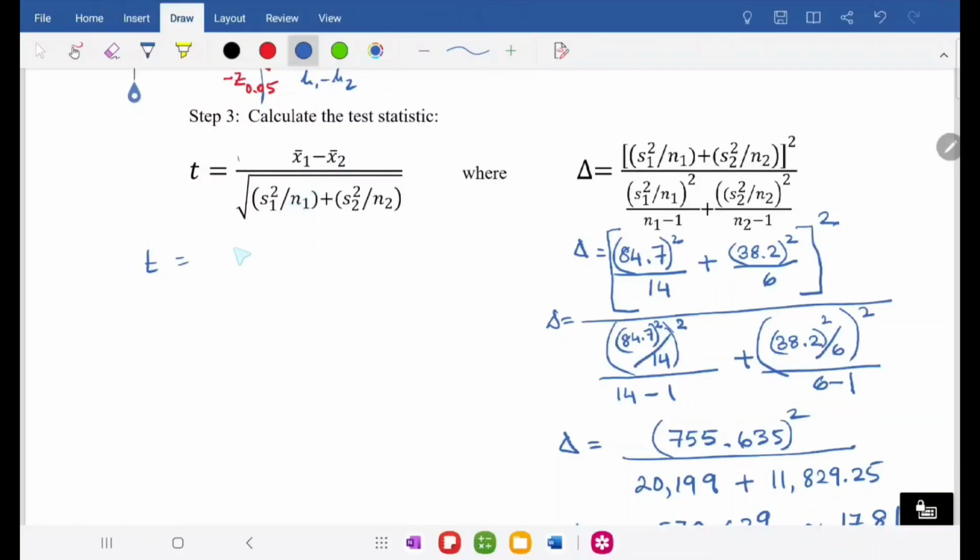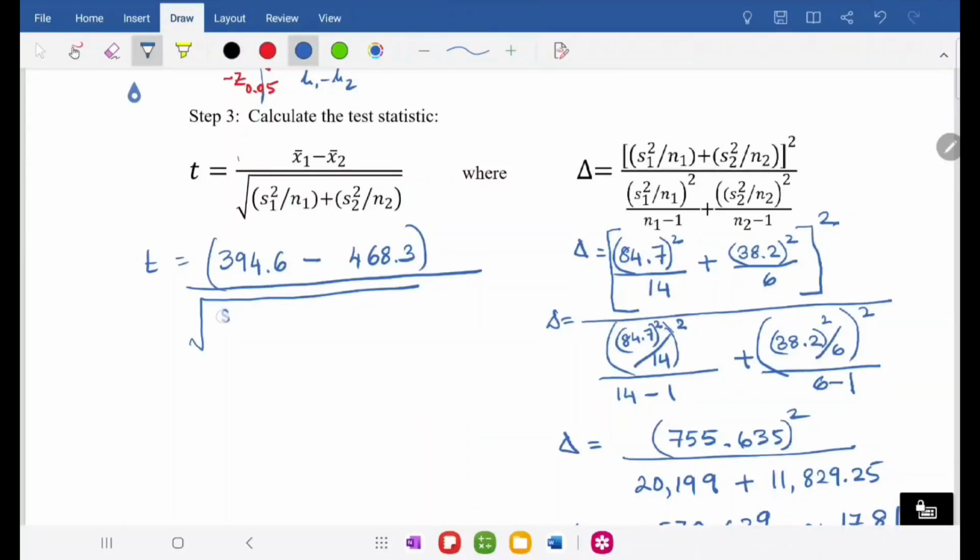X bar sub 1 is 394.6 minus 468.3, divided by the square root of S sub 1 squared, 84.7 squared over 14, plus 38.2 squared over 6.